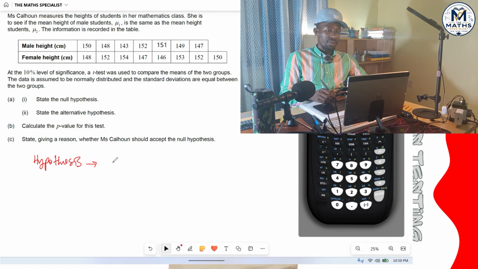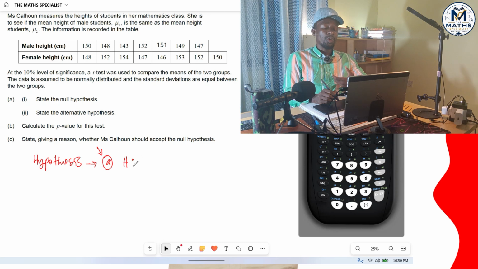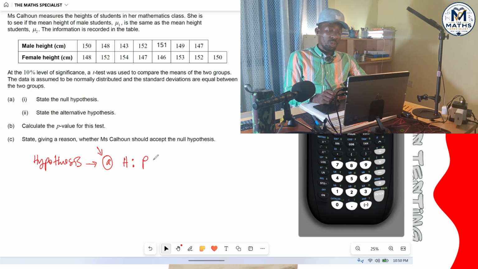So, for example, maybe a manufacturer claims that the effect of the new drug is 80% more useful than the previous one. So here our hypothesis, we can say the probability is greater than 0.8.